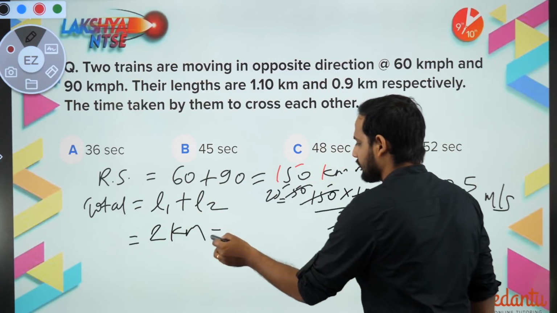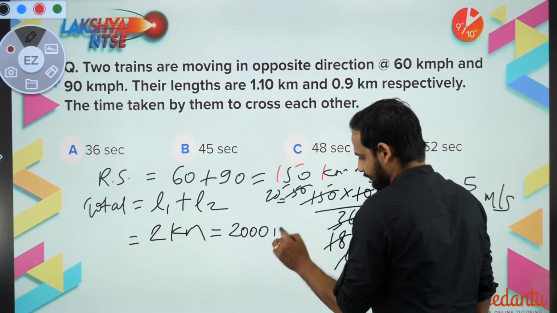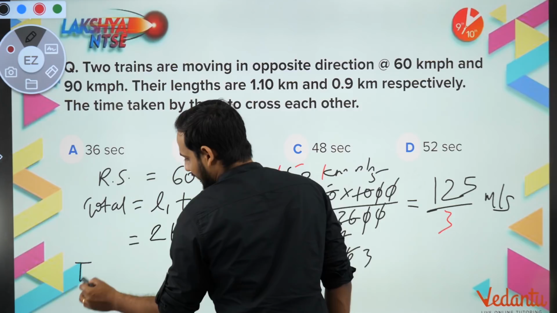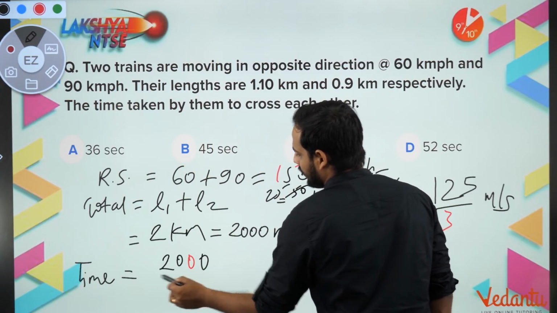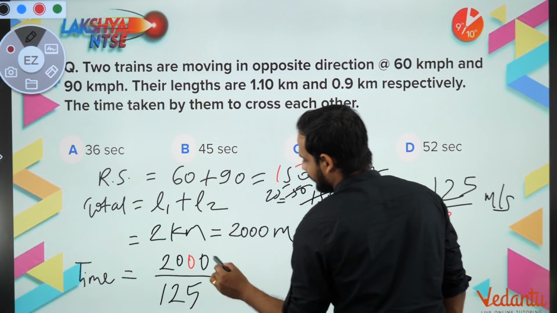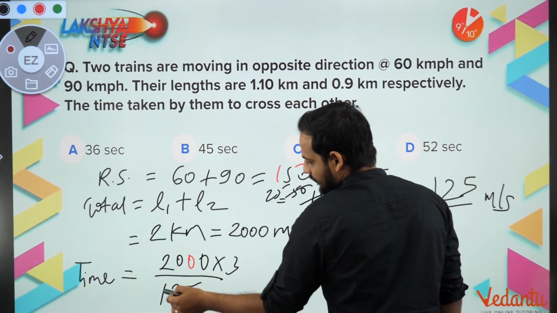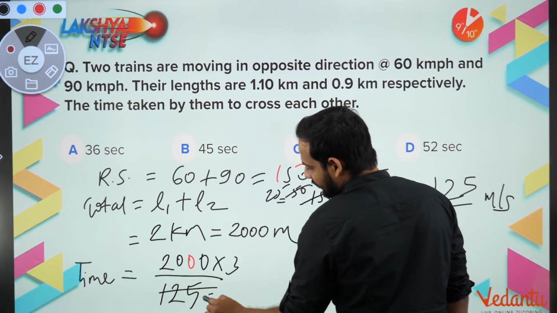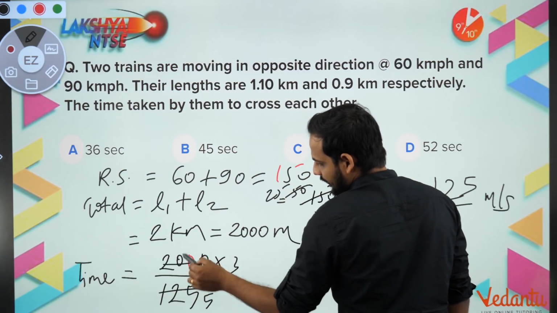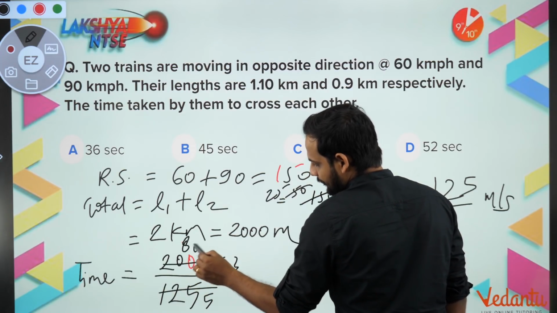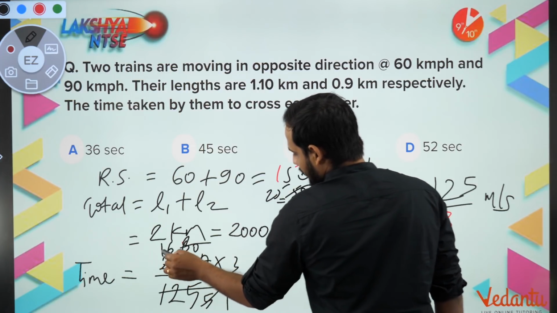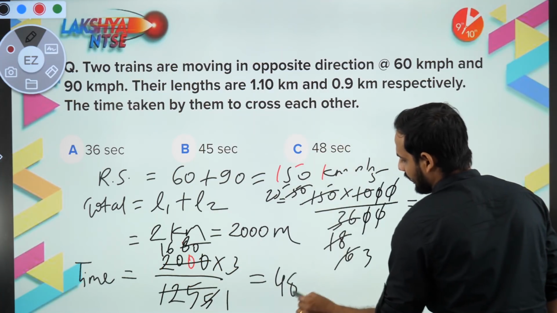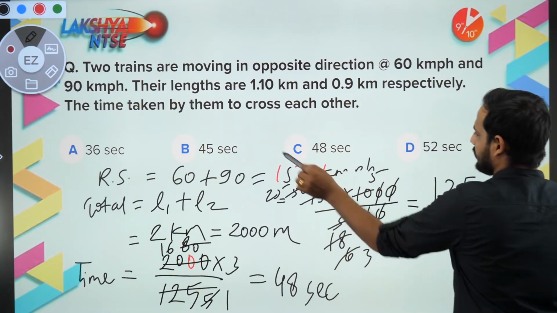The total distance to cover is 2000 meters. So time taken will be distance upon speed: 2000 upon 125 by 3, which gives 48 seconds. So the correct answer will be 48 seconds.